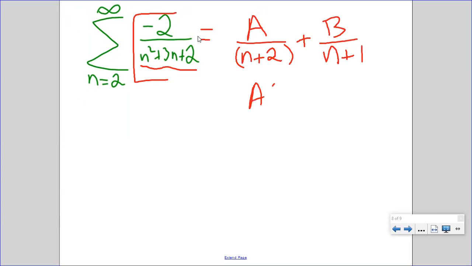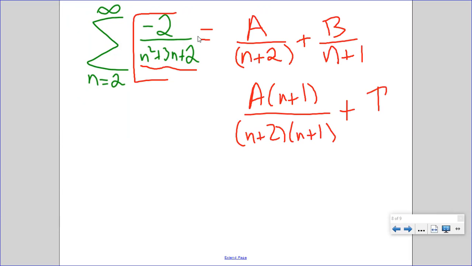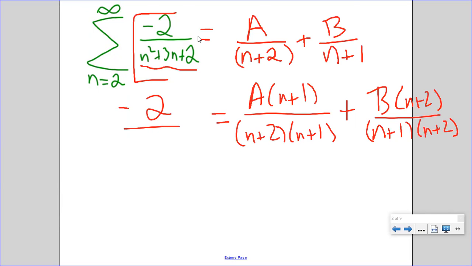So that means a times n plus 1 over n plus 2 times n plus 1, plus b times n plus 2 over n plus 1 times n plus 2, must be equal to -2 over, as we said, n plus 1 times n plus 2. So we can just get rid of the whole denominators.